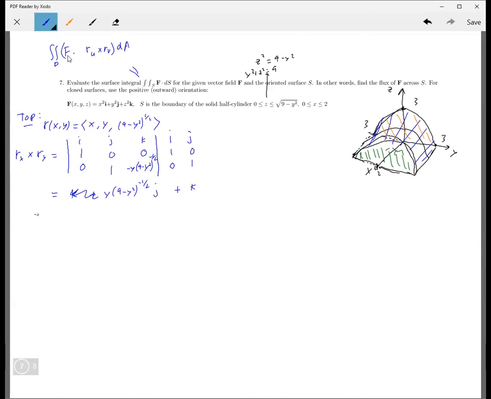Now this one says take the vector field and take the dot product of this with this. So F is this one, x squared, y squared, but in this last one you have to replace this z squared with this.